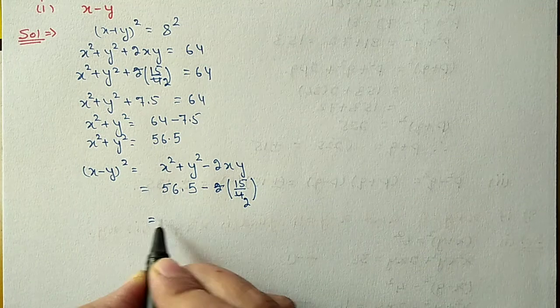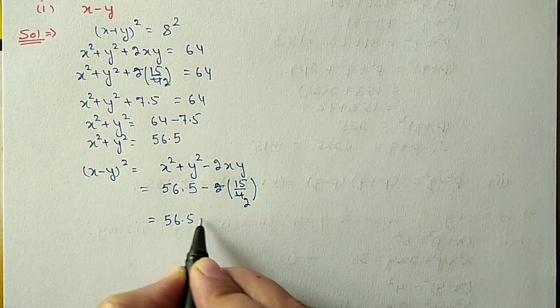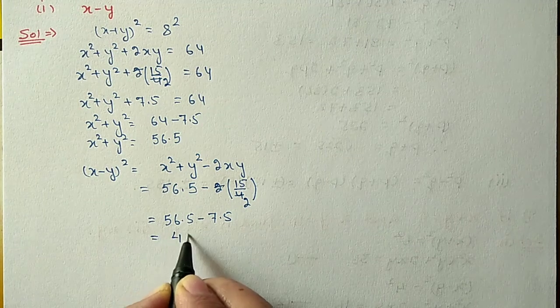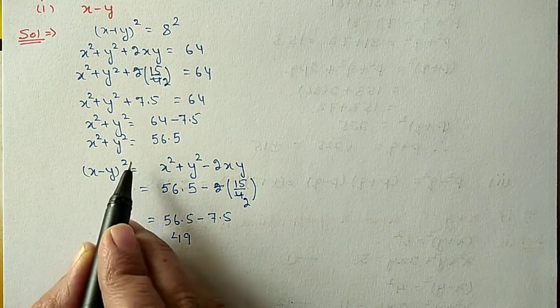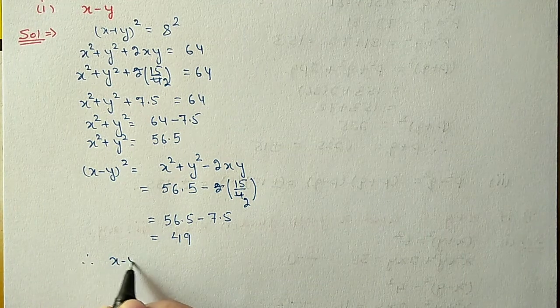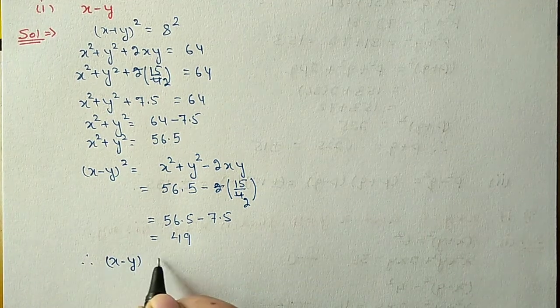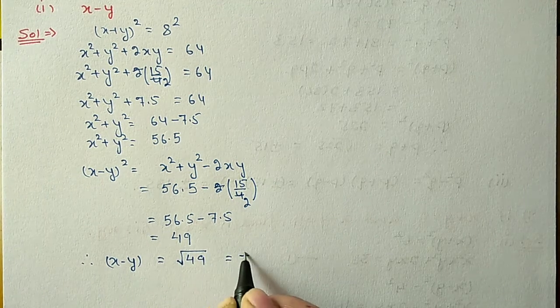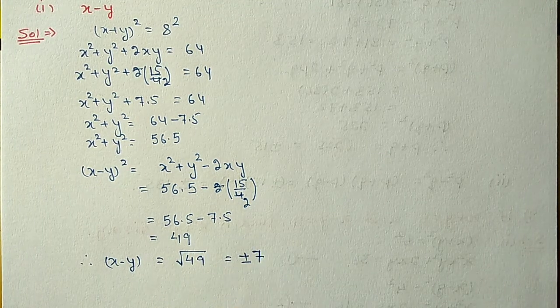Cancel out. 56.5 minus 7.5, which is equal to 49. So (x minus y) whole square is equal to 49. Therefore x minus y equal to root of 49, which is equal to plus and minus 7.